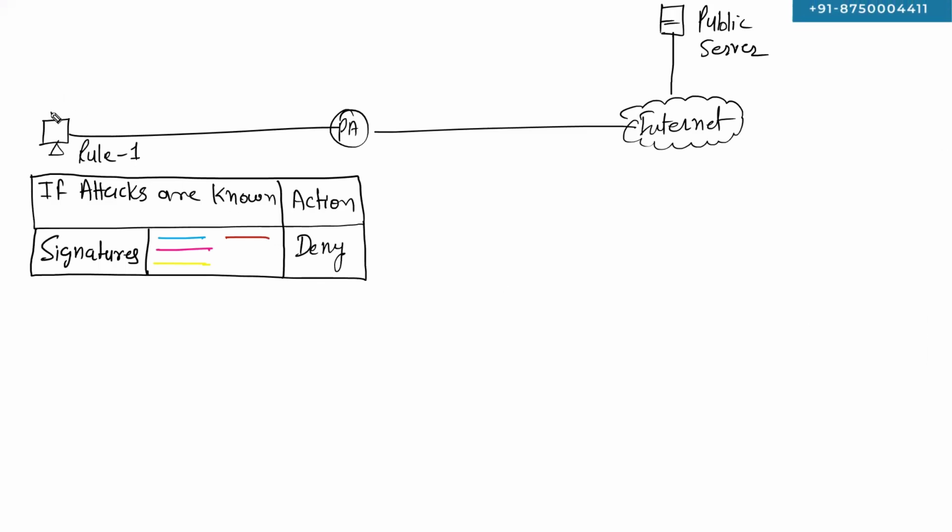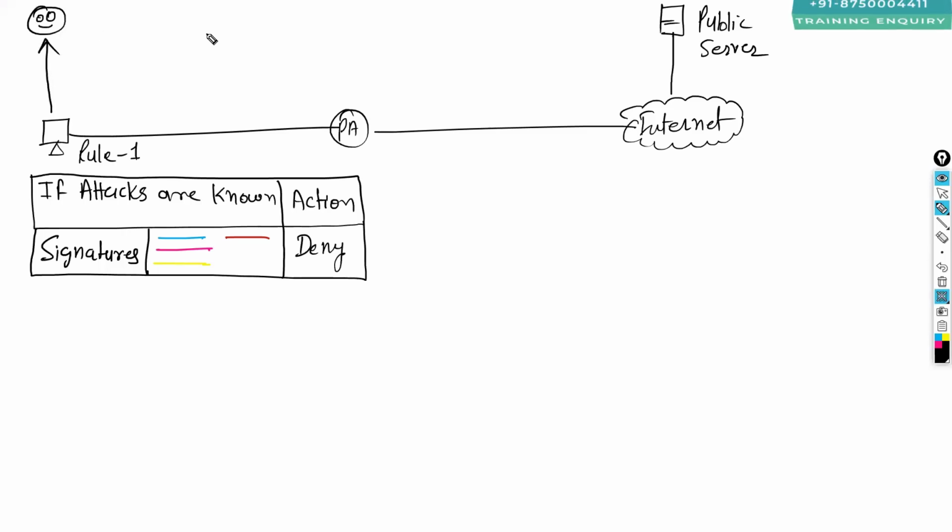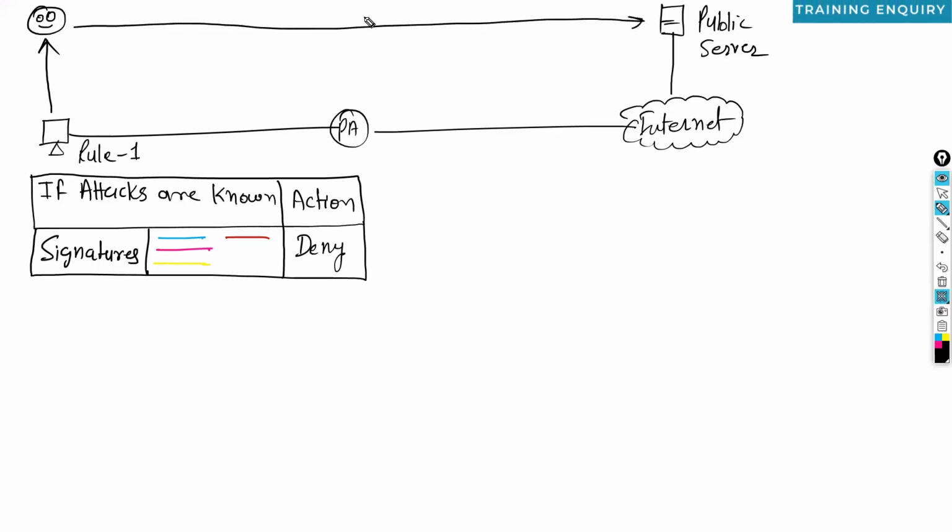Now, at this PC, one user is sitting. That user is sending a request to the public server. That public server will give a reply. That reply is in the format of a file, and that is a simple file.